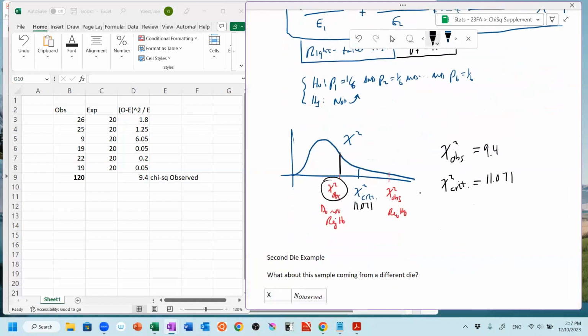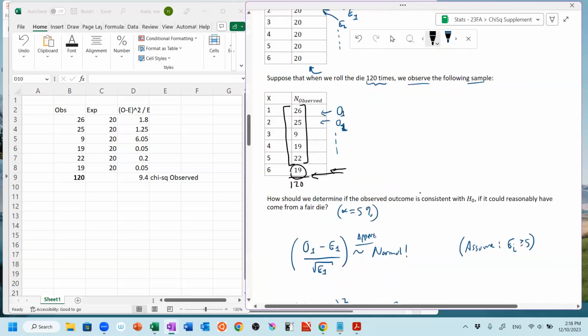This is a right tail test. Chi-squared observed is not to the right of chi-squared critical, so we do not reject. In other words, such a distribution in the sample could reasonably have occurred just by sampling error.